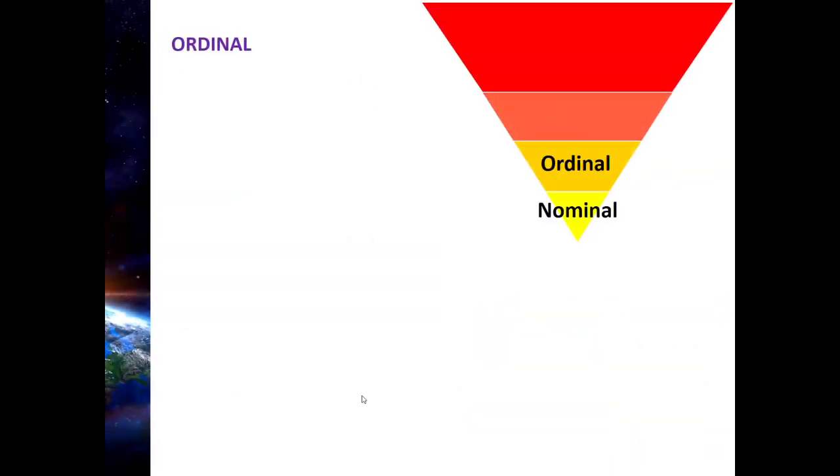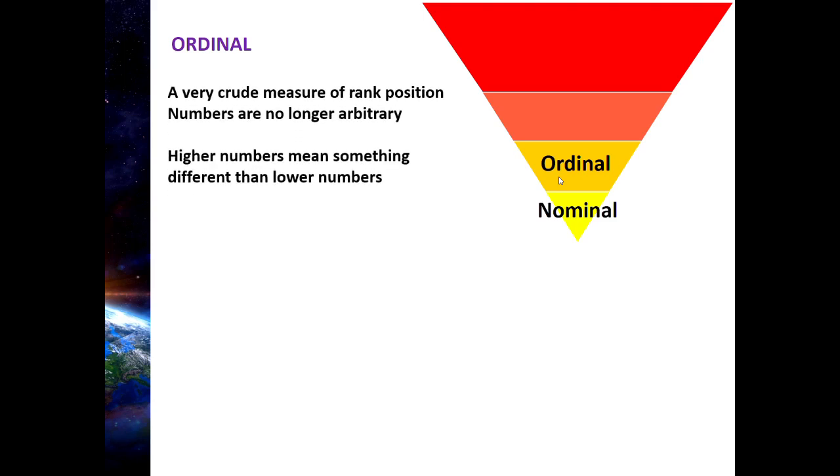Next up is ordinal, and ordinal is above nominal, and that's because it is more sophisticated, right? So it occupies a larger area because it's more sophisticated and because we can do more math with ordinal scale numbers. So what are ordinal scale numbers? Well, first of all, they're still pretty crude, but unlike the nominal data, with an ordinal scale, we have information about rank order.